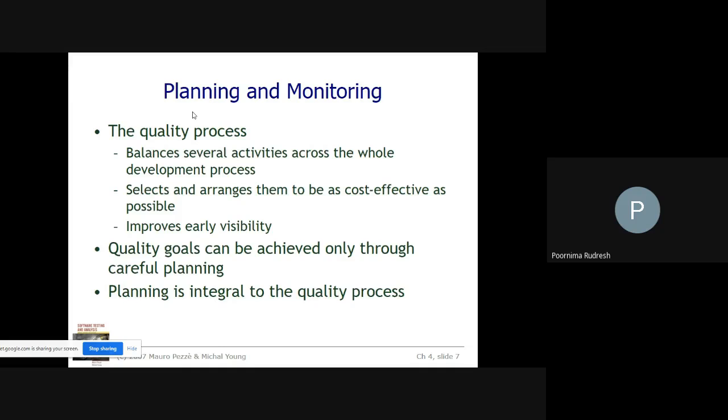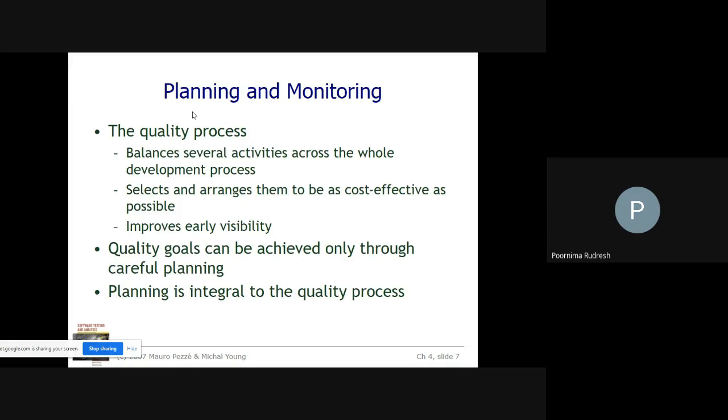So during the software development process, we need to have proper planning and we need to monitor the software development process, to ensure the quality of the software. Okay. So here the quality process balances several activities across the whole development process.